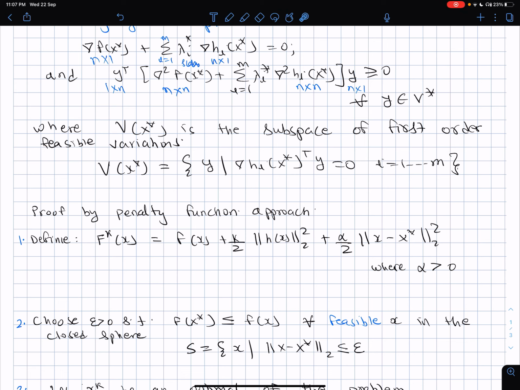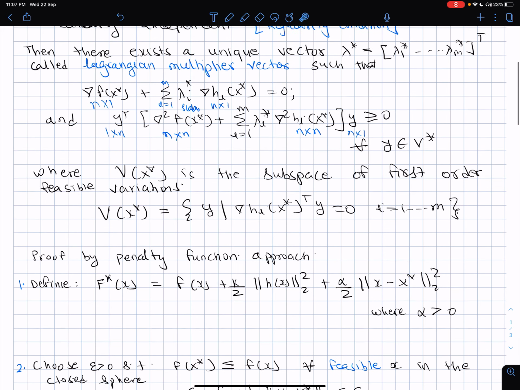That means the subspace of first order feasible variations means that if the constraint could be approximated by a first order linear approximation, then you would have got an Ax equal to b kind of situation, in which case y vectors would represent the vectors from the null space, which now connects to your LEP problem.